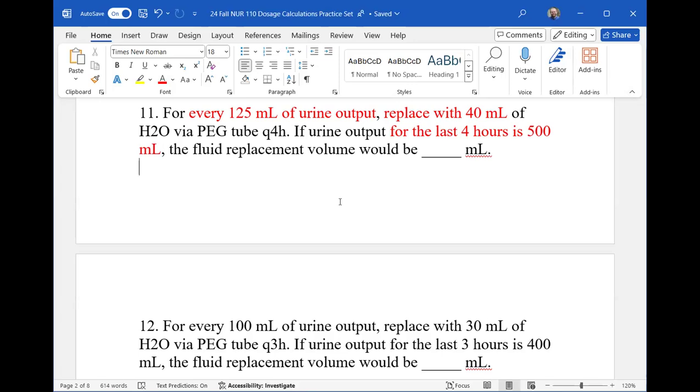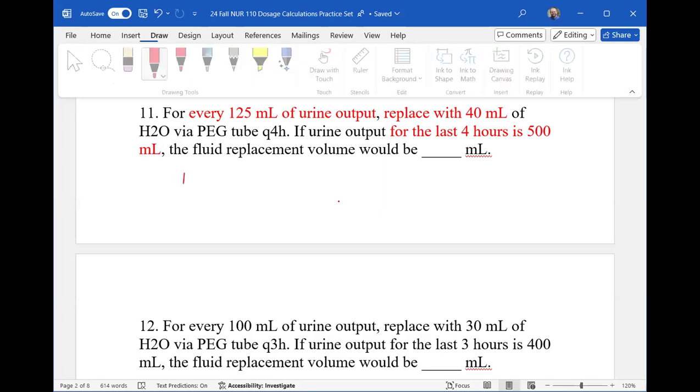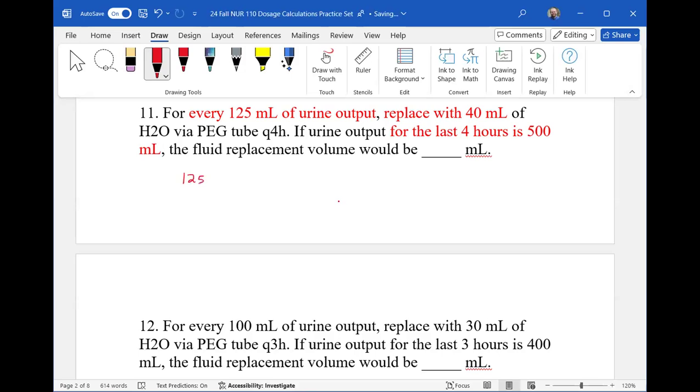So when I'm setting up a problem like this, and I'm following what's called ratio proportion, I'm just setting up equivalents. It really doesn't matter how you do this, but let's say this is my output and my replacement volume. These two are connected to each other.